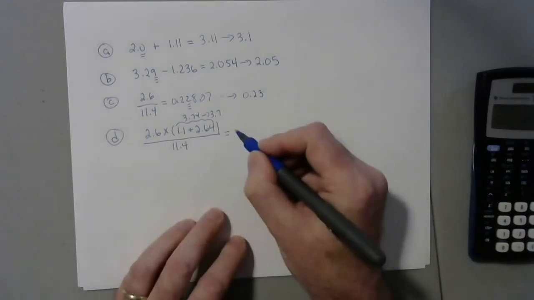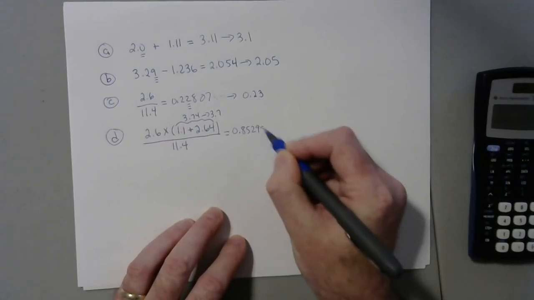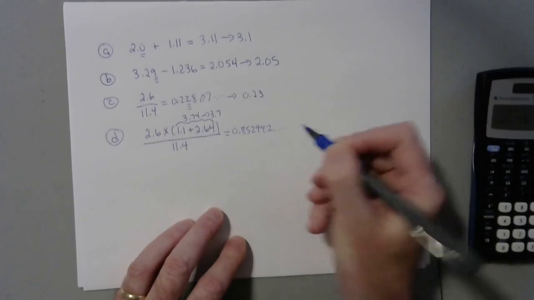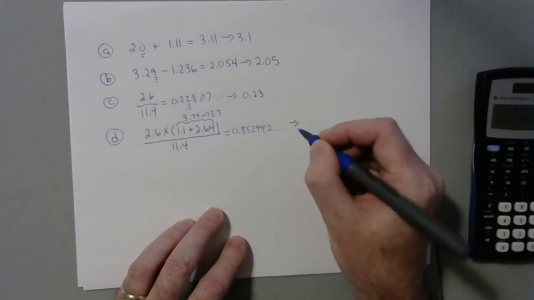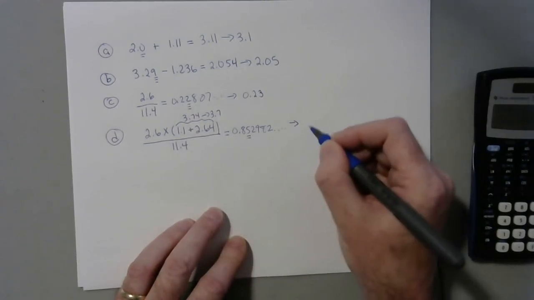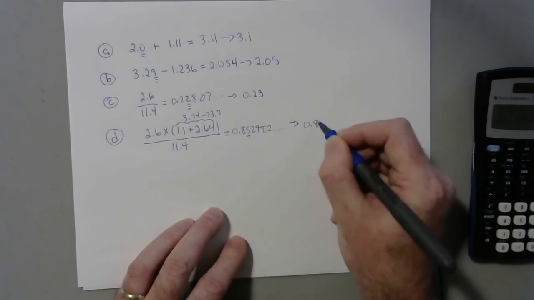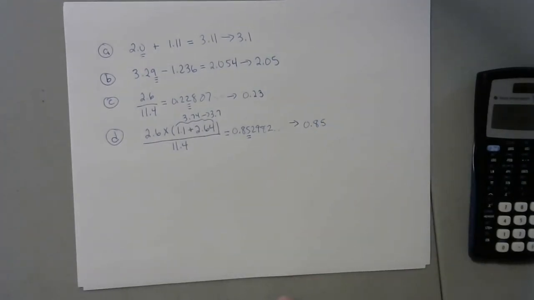And so I get 0.852982, and so on. But I don't want to leave it that way. We're going to round it to 2 significant figures, which is right there. So it'll be 0.85. And that would be the answer.